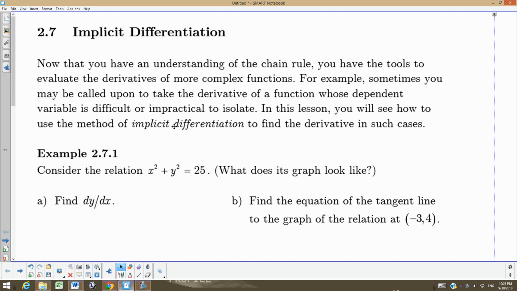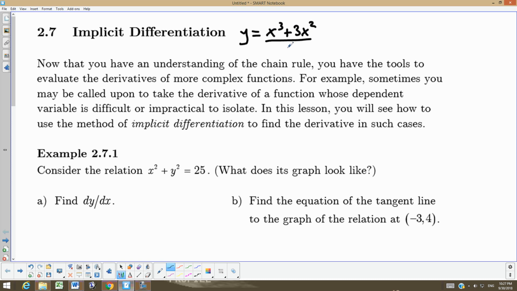So implicit differentiation is an interesting concept in that it affords us a way to take the derivative of an equation where y is not explicitly isolated. We're accustomed to seeing something like y is equal to x cubed plus 3x squared, and we can make this a little bit more complicated.